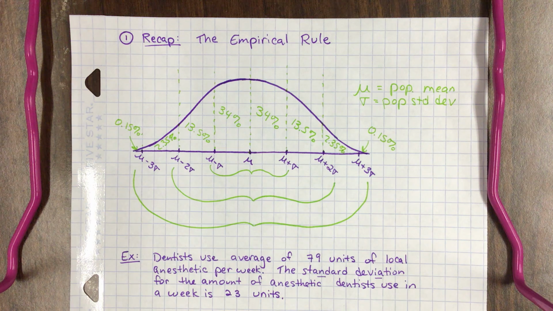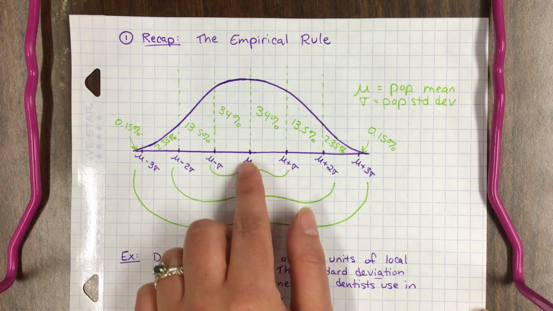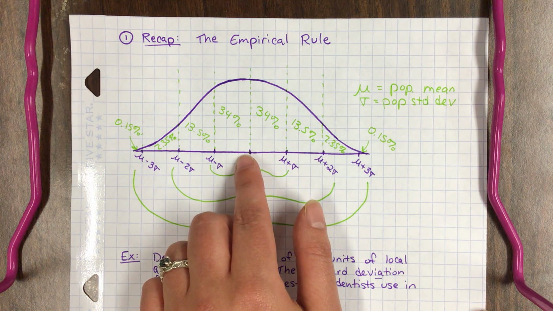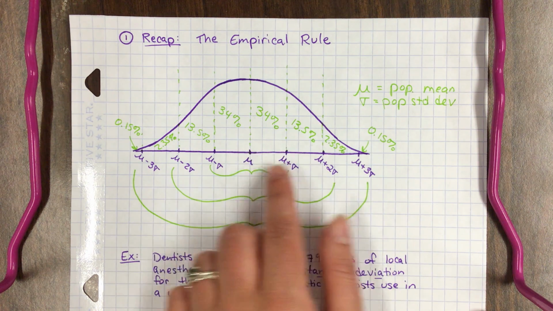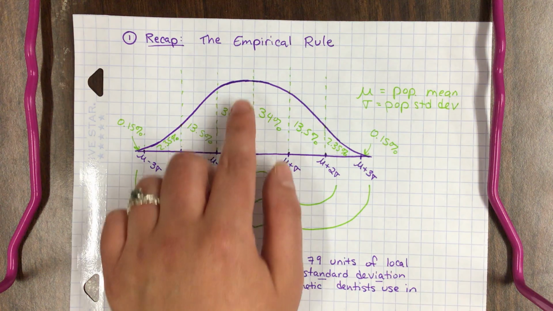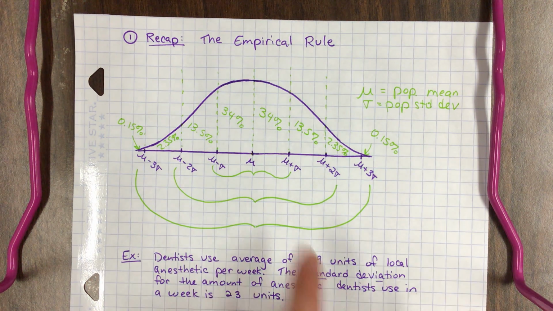Then we can estimate roughly how much of the data from that data set will fall within a given number of standard deviations from the mean. So here in this picture, if I start at the mean and then I go up by one standard deviation, in between those two values, I'm going to have about 34% of my data.